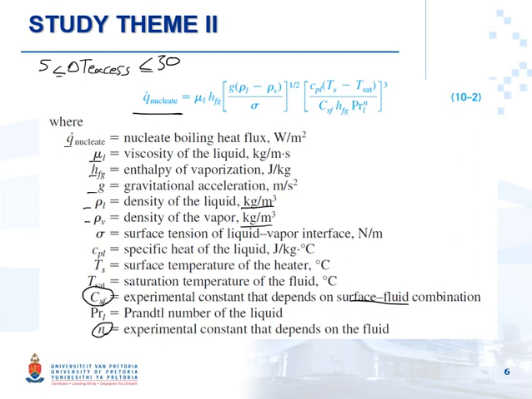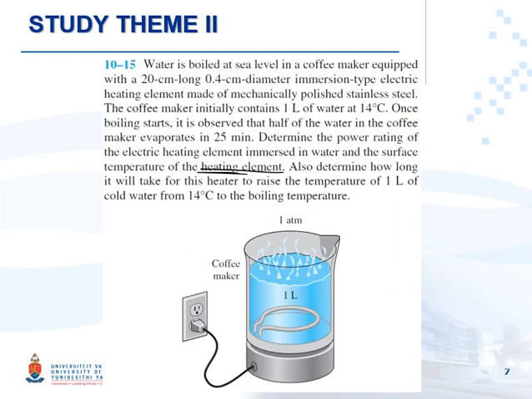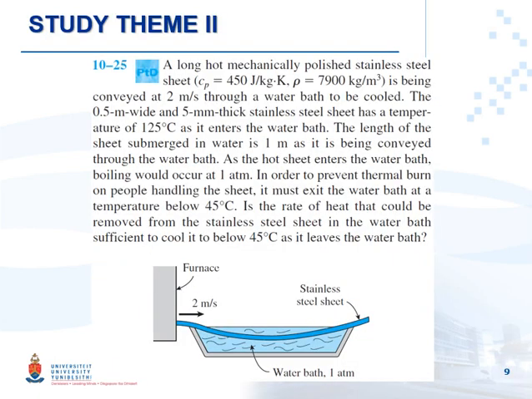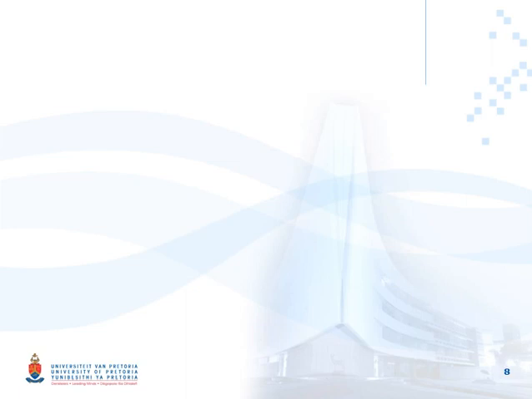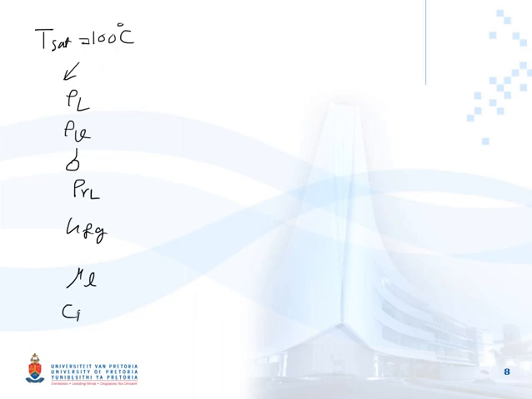So here we go to the table and we realize that the saturation temperature is 100. So Tsat is 100. From the table we read rho L, rho V, sigma, Prandtl, HFG, mu L, CPL.